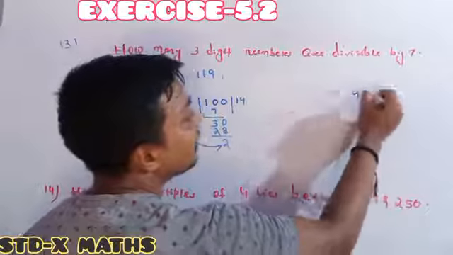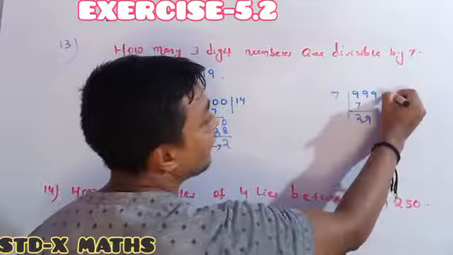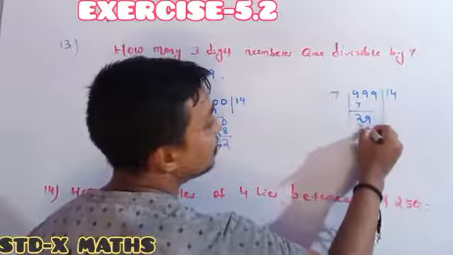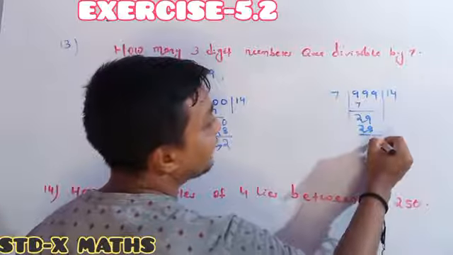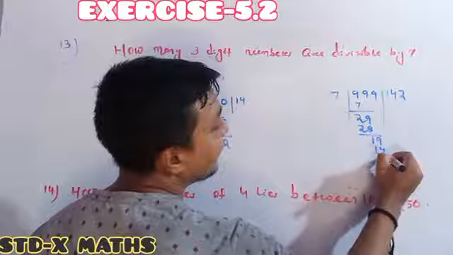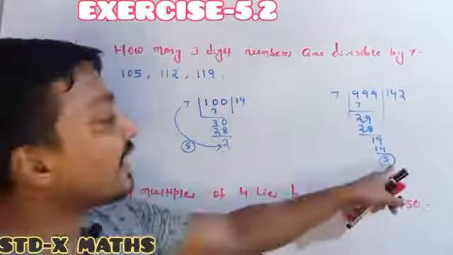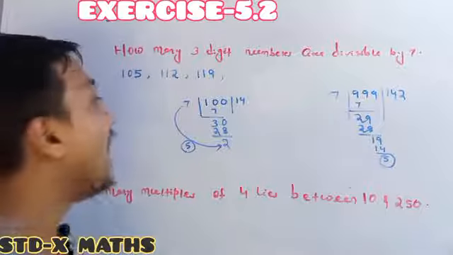See, 7 1s are 7, here it is 29, 7 4s are 28, here it is 19, 7 2s are 14, here it is 5. The greatest one we can find by subtracting the remainder only.